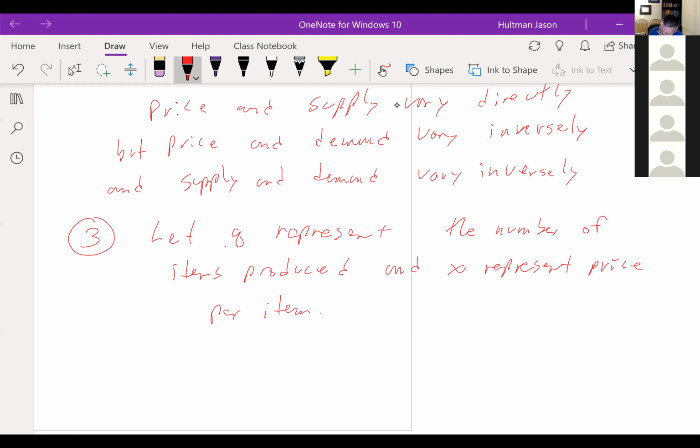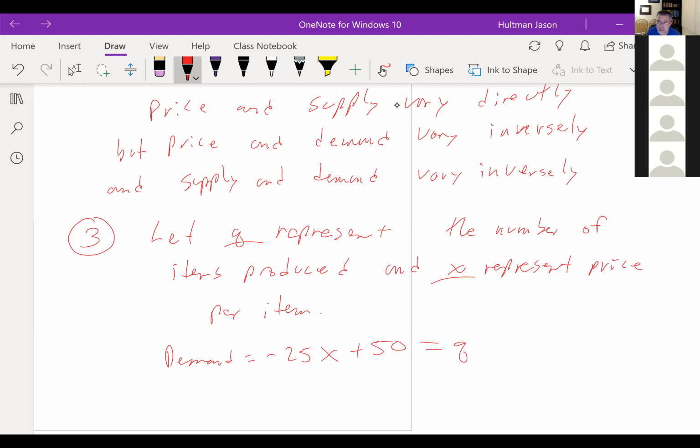Okay, so Q is the quantity and X is the price. Okay, so the demand is going to be equal to, okay, negative 25x plus 50.